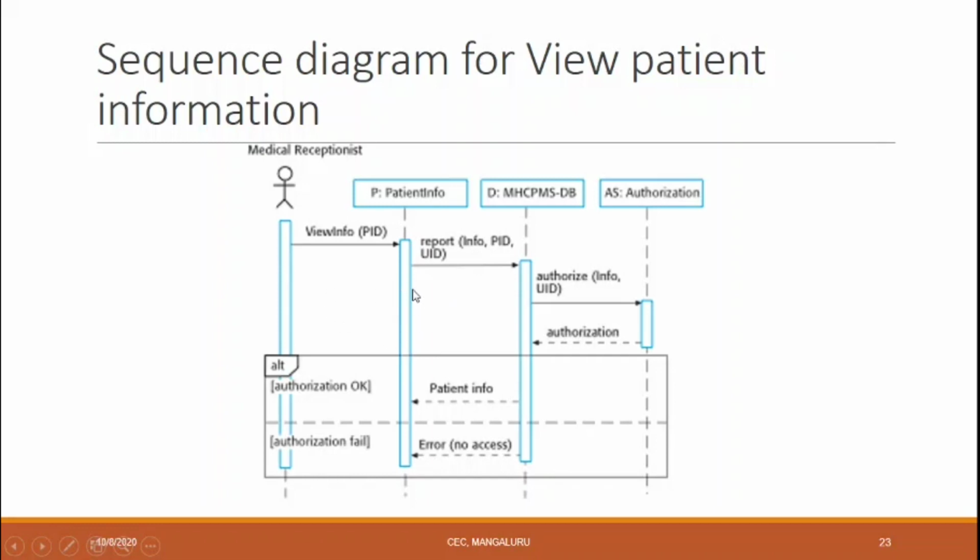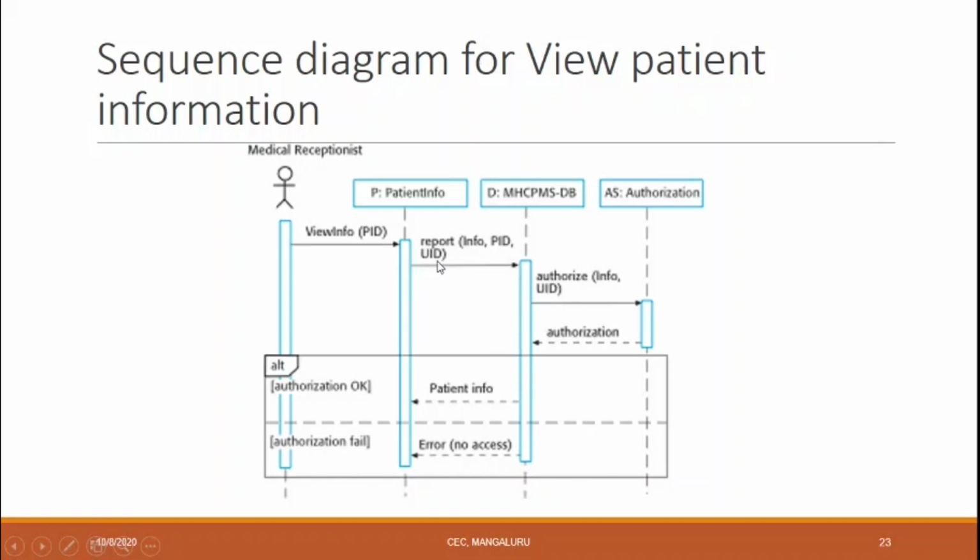In the second step, this instance calls the database, the mental health care patient management system database. It calls the database to return the information required by supplying the receptionist identifier.